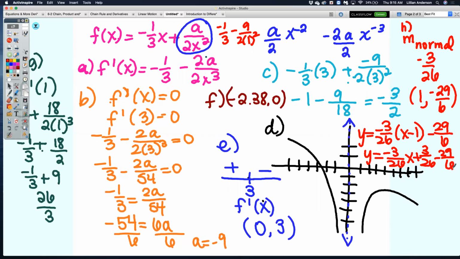Can someone tell me what 3/26 minus 29/6 is? -184/39. Can I get confirmation? Yeah. Okay. And so then that'll be the equation of my normal line.